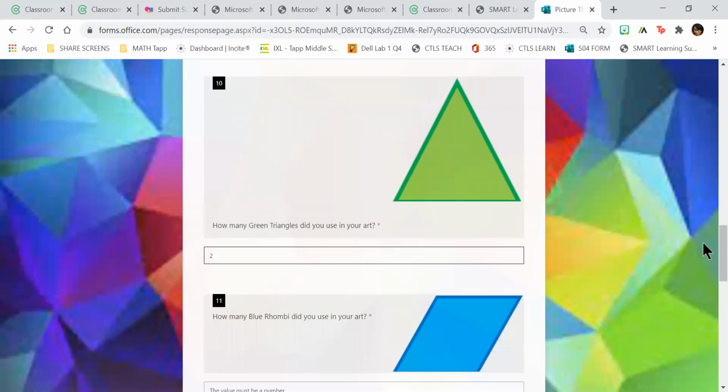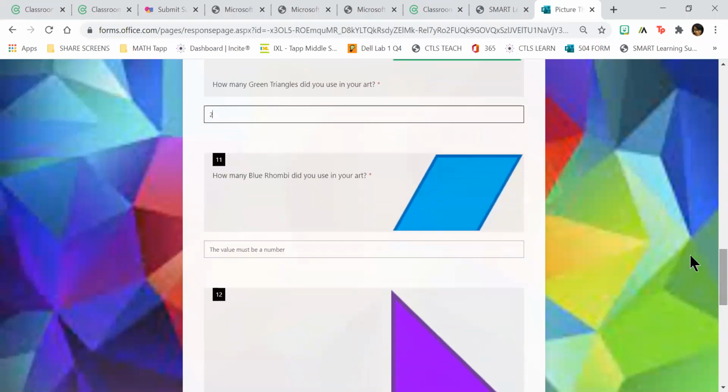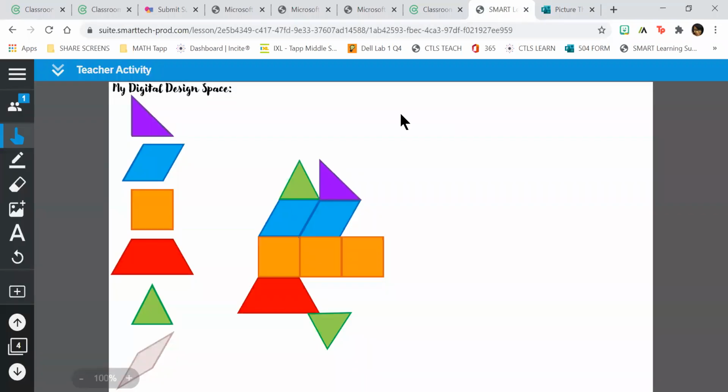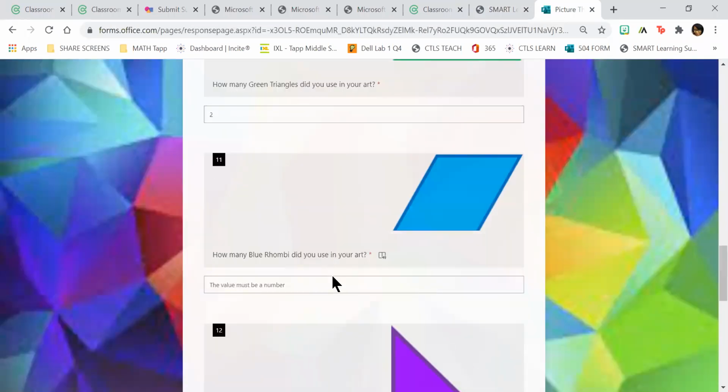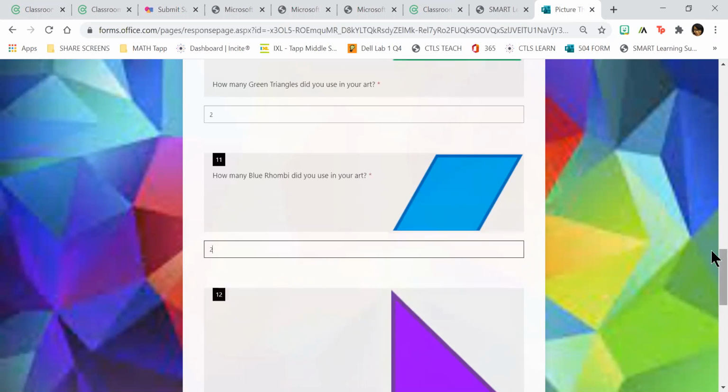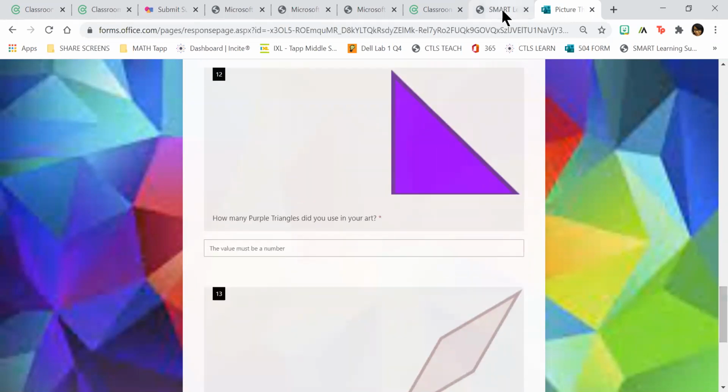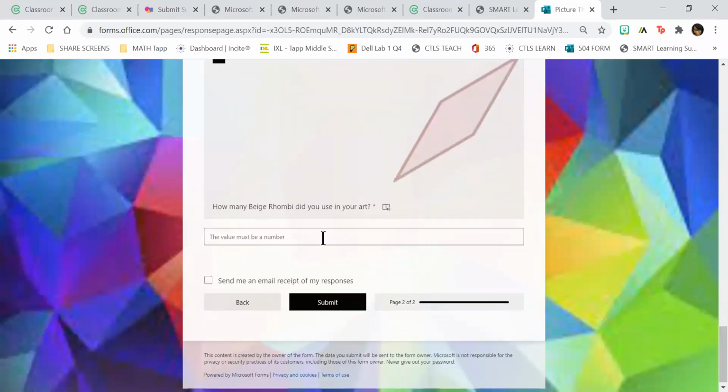Notice I am carefully entering in my data. How many blue rhombi did I use? 1, 2. Purple triangles, just 1. And beige rhombi, I use 0.